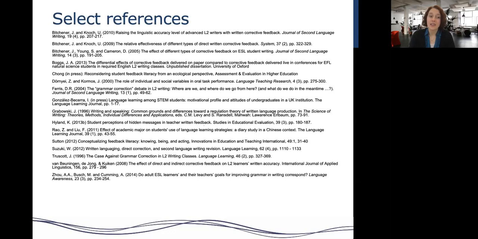But I think it depends on why they're learning English to begin with and in the context. When I think back to the Korean context, the young students who are writing, accuracy is not going to be as important for them as the act of producing itself.